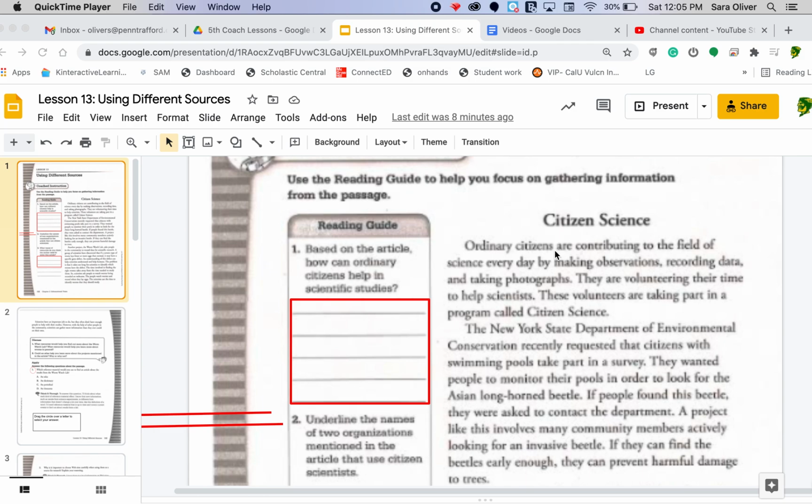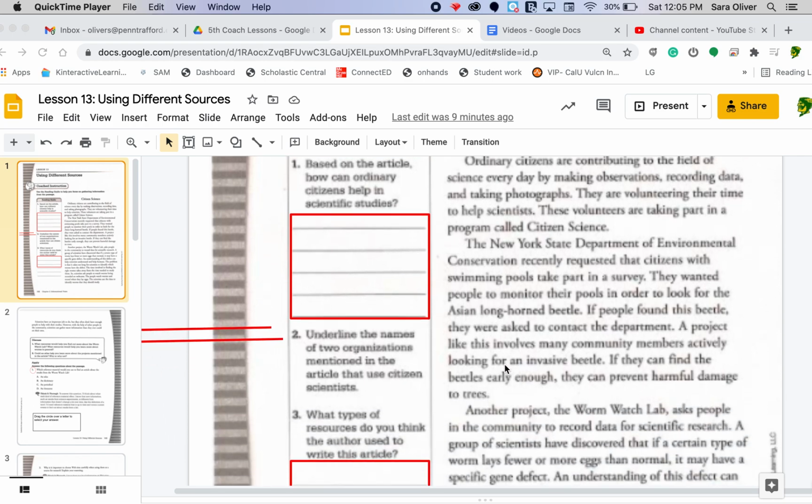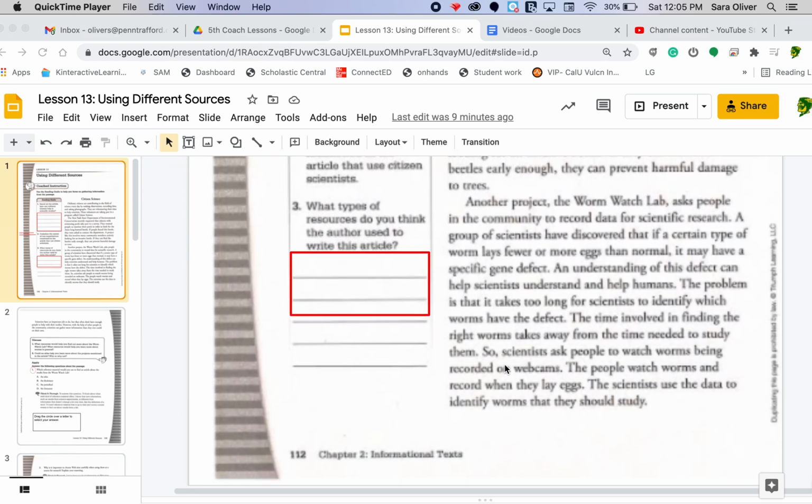They wanted people to monitor their pools in order to look for the Asian long-horned beetle. If people found this beetle, they were asked to contact the department. A project like this involves many community members actively looking for the invasive beetle. If they can find the beetles early enough, they can prevent harmful damage to trees.